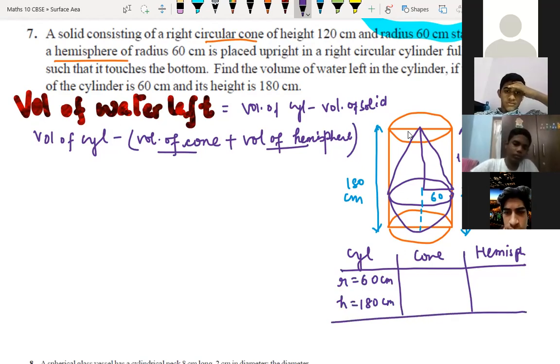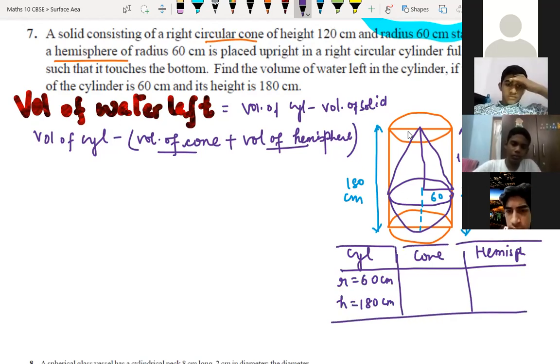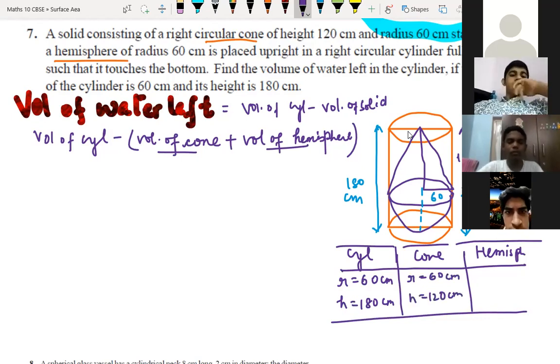Make this first in exam time, children, otherwise mistakes happen if you take something common. Cone radius is 60 centimeter and height is 120 centimeter. We don't require slant height L, so we are not finding it. Hemisphere radius is 60 centimeter.